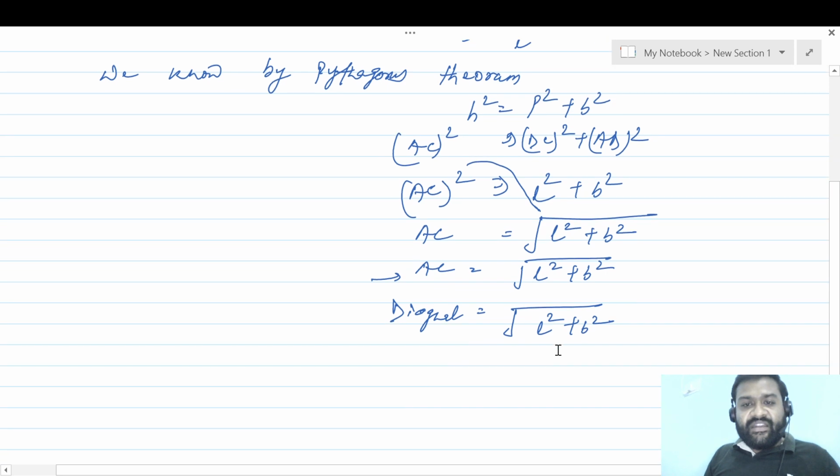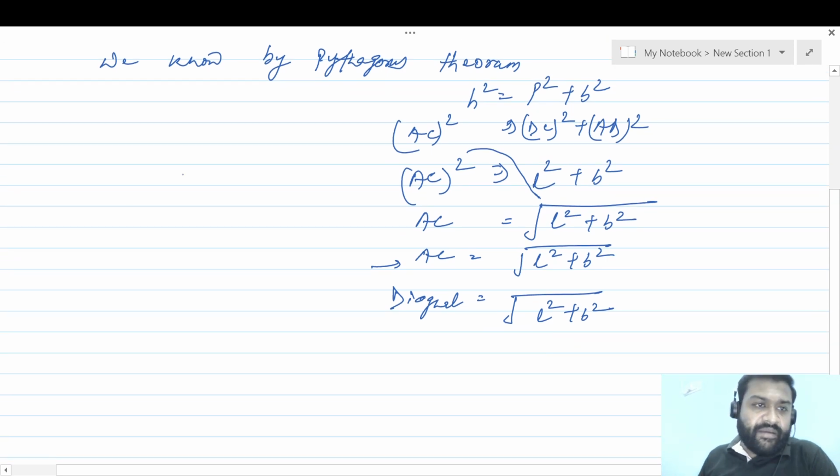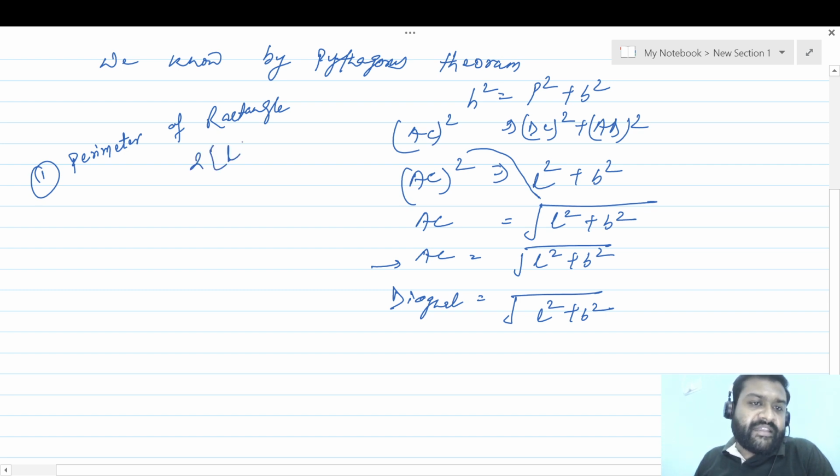So what we have seen in this short video, I'll write down over here. In this we have seen the perimeter of a rectangle, which is 2 into length plus breadth.